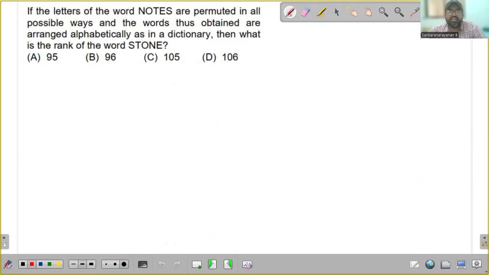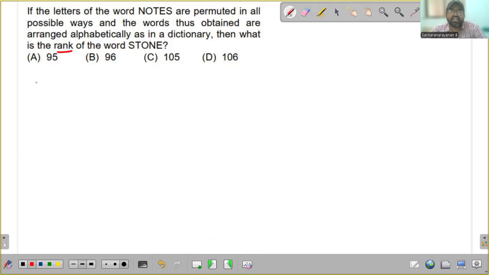Look at this. If the letters of this word NOTES are permuted in all possible ways, and the words thus obtained are arranged alphabetically as in a dictionary, then what is the rank of this word STONE?